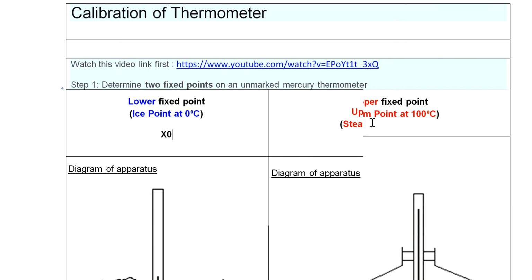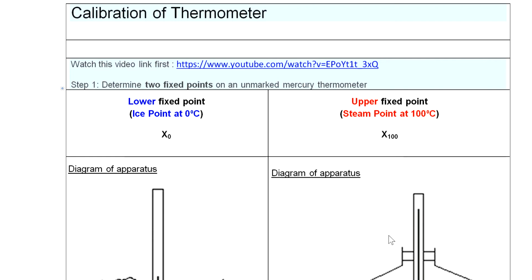X0 is representing the minimum temperature of ice. So we can write the lower fixed point as capital X subscript 0, representing 0 degrees Celsius, and the upper fixed point, that is the steam point, as X with subscript 100.